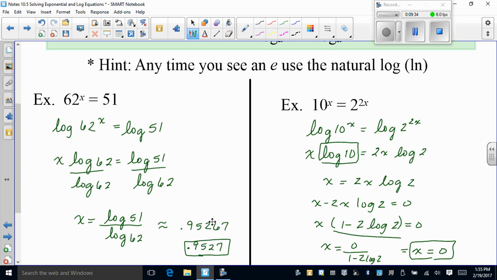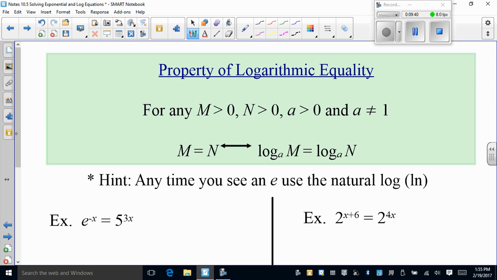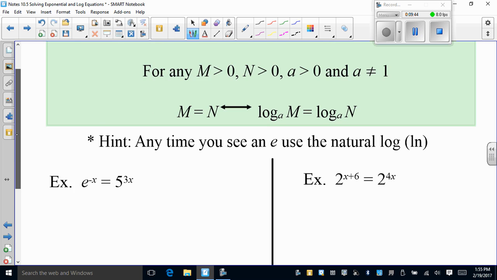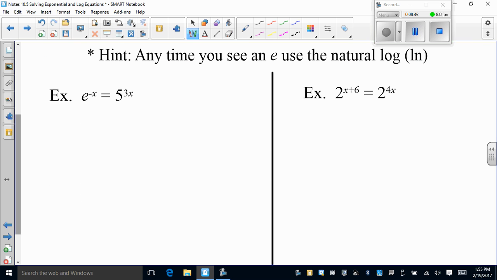Okay, let's try a couple more. It's still the same power rule going on, same rule. Now we have e, so we're going to do natural log. So natural log of e to the negative x must equal the natural log of 5 to the 3x. Use power rules.